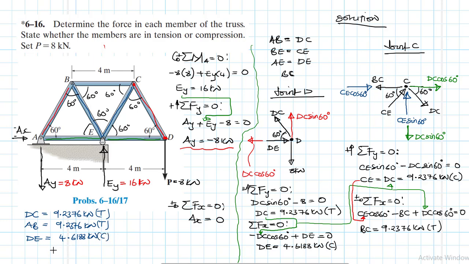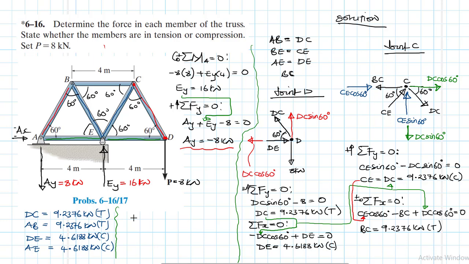And DE is also going to be equal to AE, which is equal to 4.6188 kilonewtons in compression. If you are not sure about symmetry, you need to solve all of them. What else?